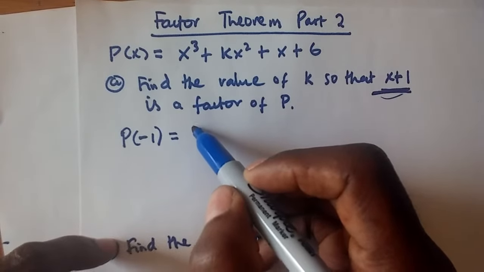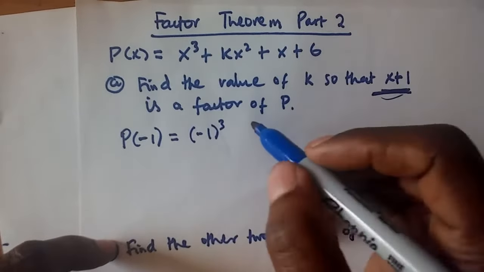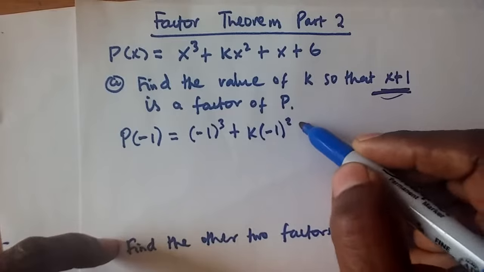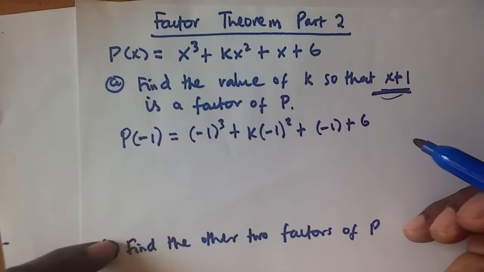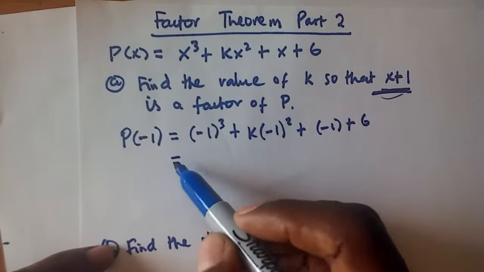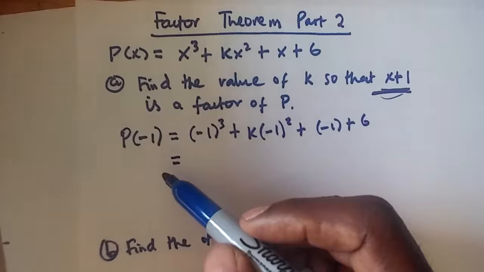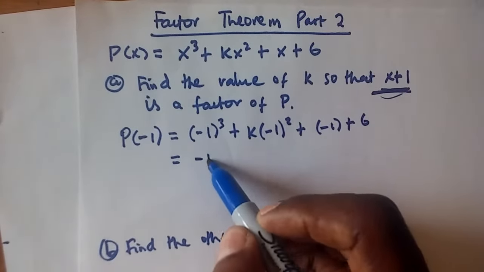So we're going to do negative 1 cubed plus k times negative 1 squared plus negative 1 plus 6. Negative 1 cubed is negative 1, because negative 1 times negative 1 times negative 1 is negative 1.